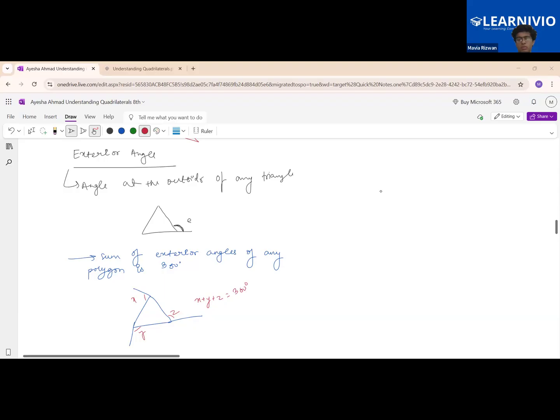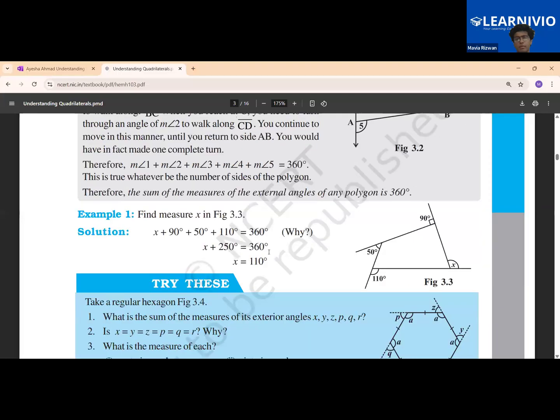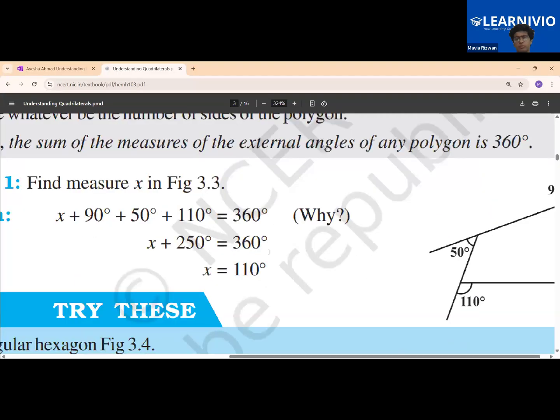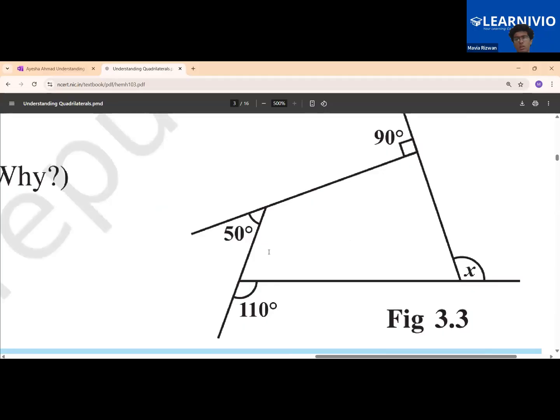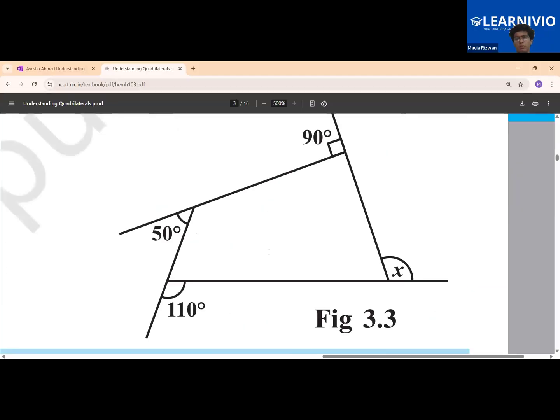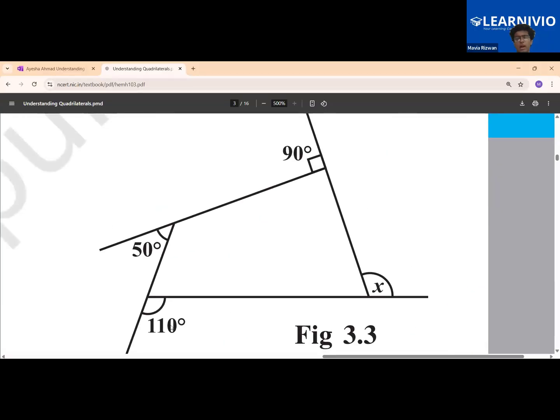Done, sir. I should try this question now. You have this figure in front of you. You have to find out x. Try it out. Okay, sir.